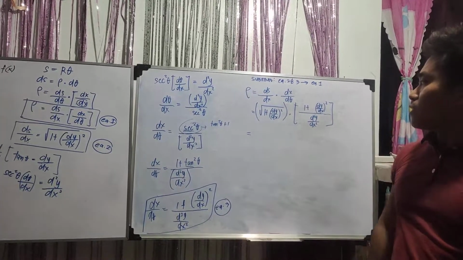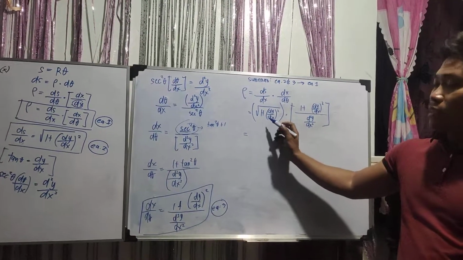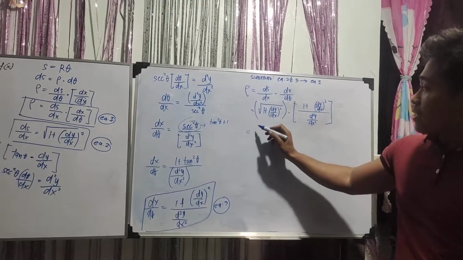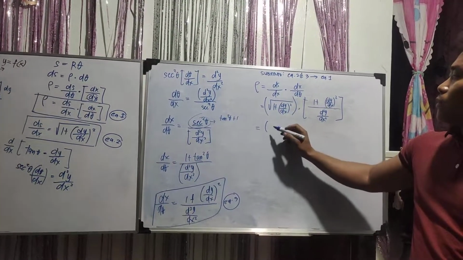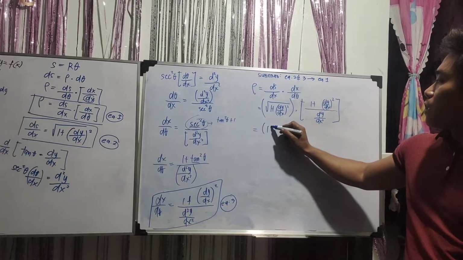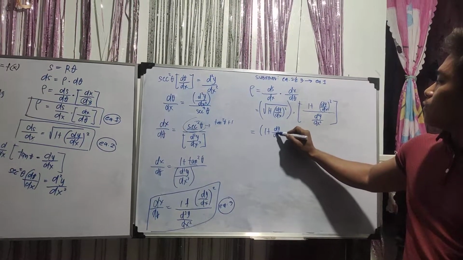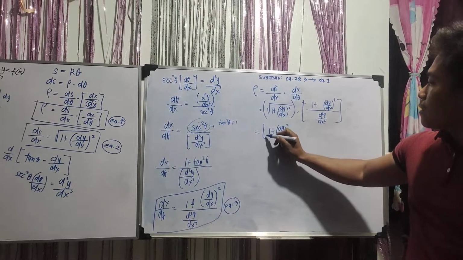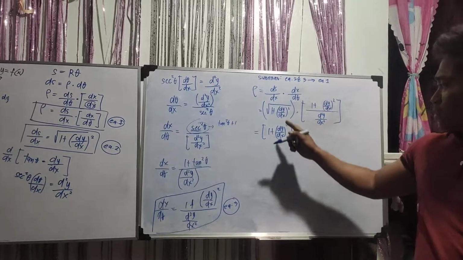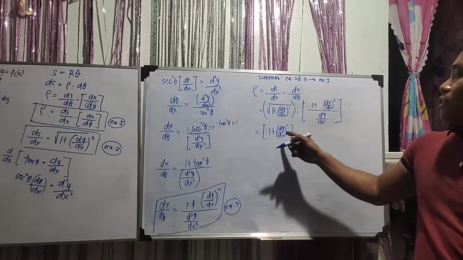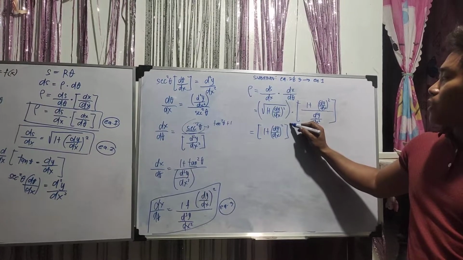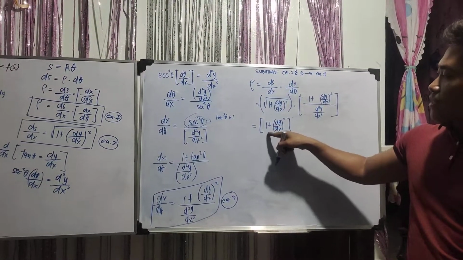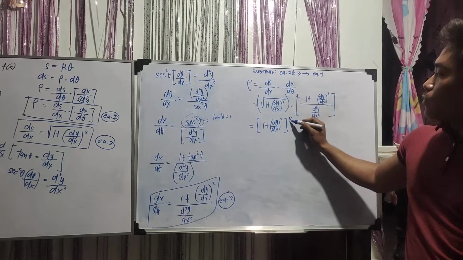Now, what can you notice? Actually, we have the same base, but different exponents. Okay? We can express it in its exponential form. That is 1 plus dy over dx squared to the 1/2, since square root means that certain function has an exponent of 1/2.